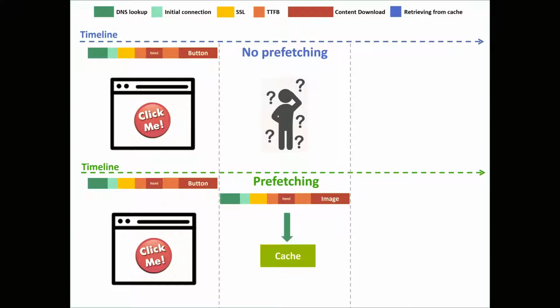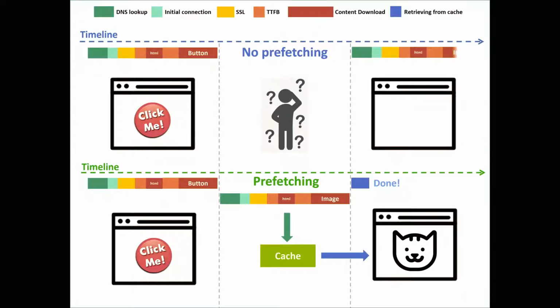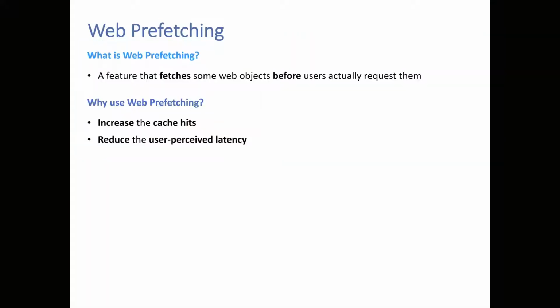When you finally follow your heart to click on that button, the page content has already been cached, so the page will load in no time. From this example, we can tell that web prefetching can increase cache hits and reduce user-perceived latency.